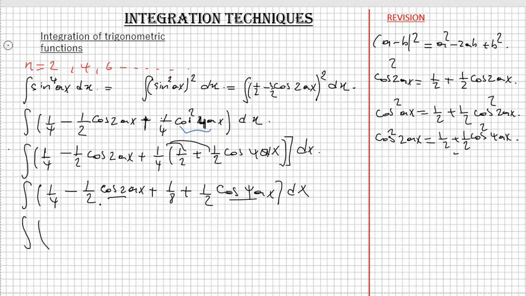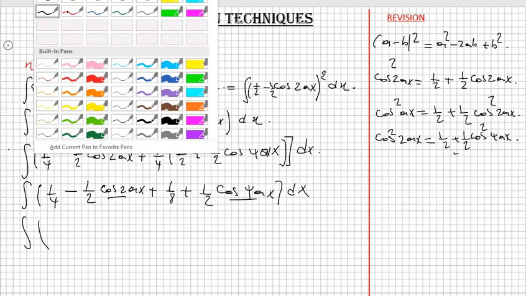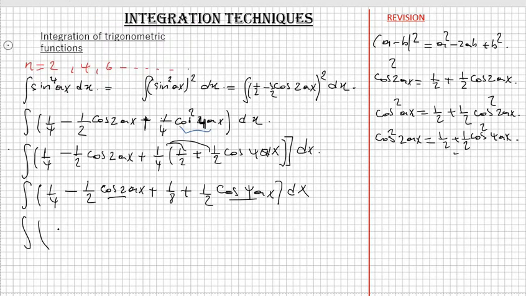So we're going to have the integral of the sum of these two, so that gives 3 over 8, and then minus cos 2ax plus 1 over 2 cos 4ax dx. Okay, so far I haven't yet integrated. I was still applying the identities to transform my initial expression.